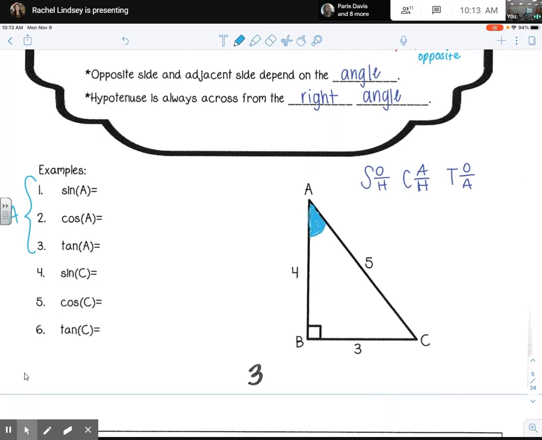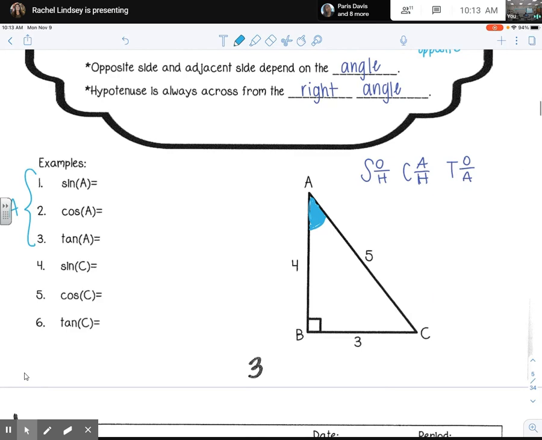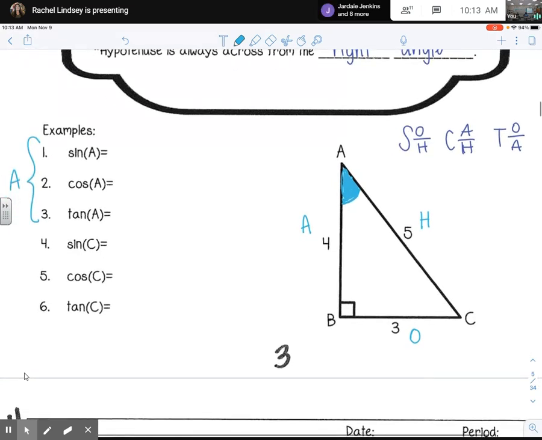Which side is my hypotenuse, 3, 4, or 5? 5 is the hypotenuse. Looking at the blue angle, which side is opposite, 3 or 4? 3 is your opposite side, and 4 is your adjacent. The blue is going with angle A.